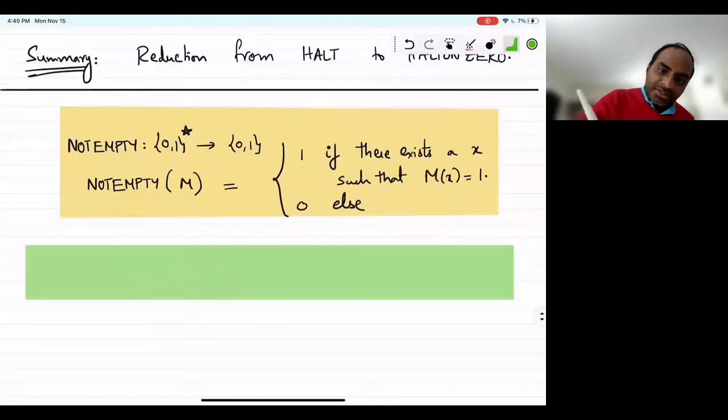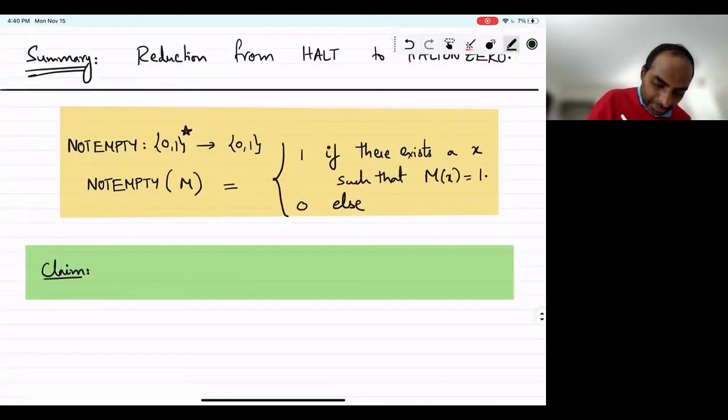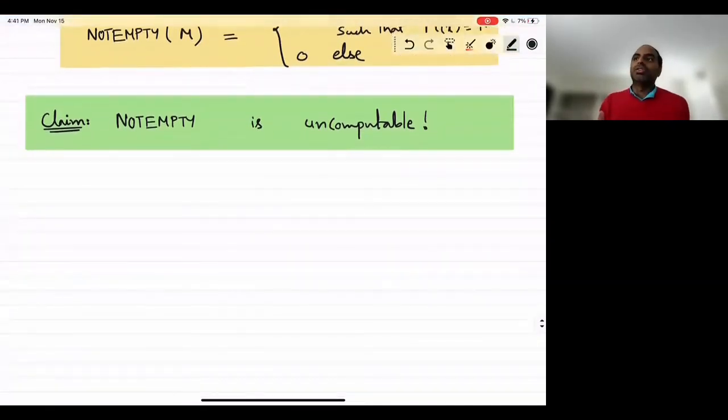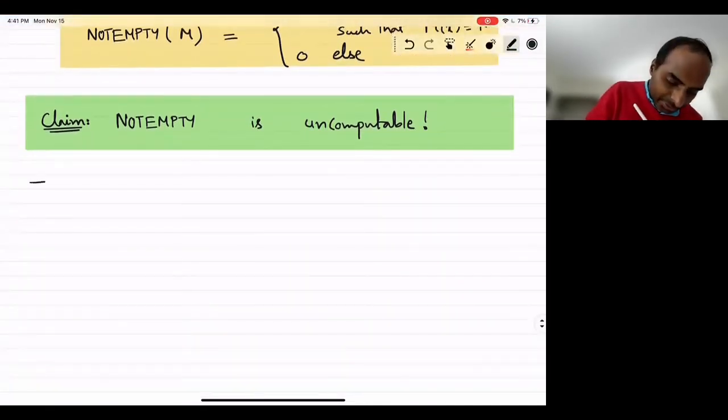Now the theorem that we're going to show is that not empty as a function is uncomputable. Okay. And the way we will show it is to do the following.